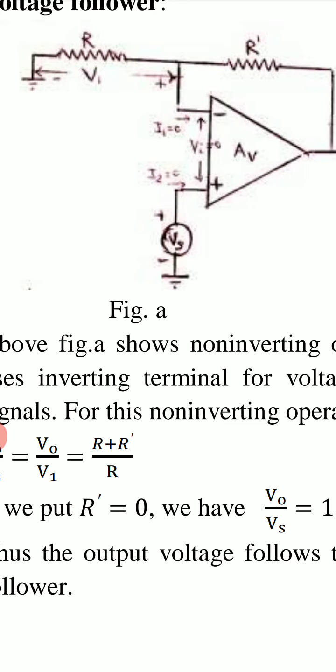Voltage applied at non-inverting terminal will be equal to the voltage at inverting terminal, so that input voltage Vi is always 0 for this type of non-inverting operational amplifier. So here Vi is 0 and Vs equal to V1.